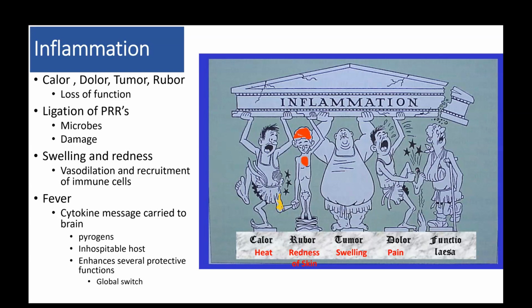This is initiated by the ligation of those pattern recognition receptors. This can happen, again, most commonly, and the one that we talked about, through microbes getting past our first line of defense. So microbes have somehow gotten past our skin or mucosal membrane. But remember that this can also happen from damage. If you sprain your ankle, for example, or have some type of crushing injury, that's going to introduce necrosis, in other words, damaged cells.